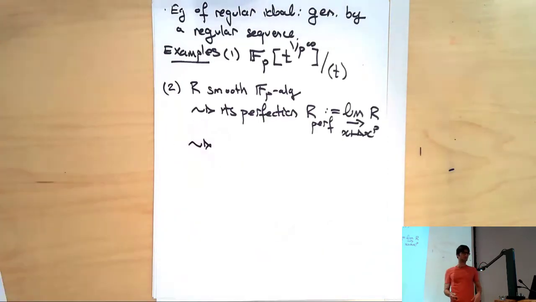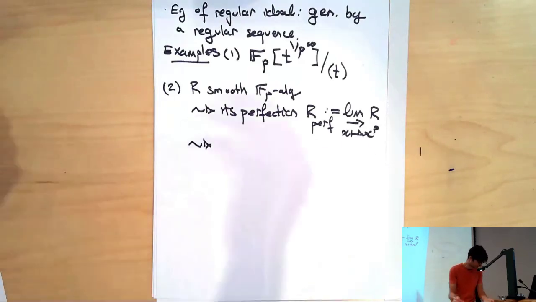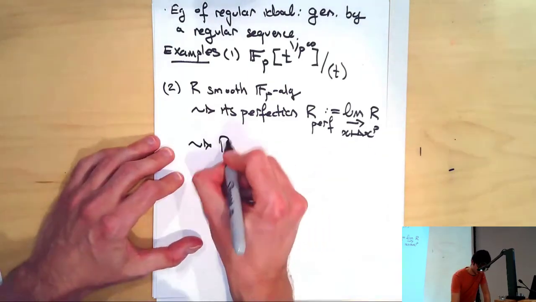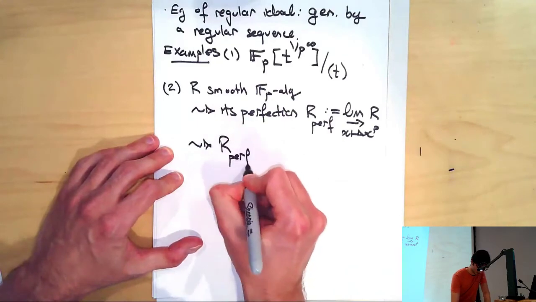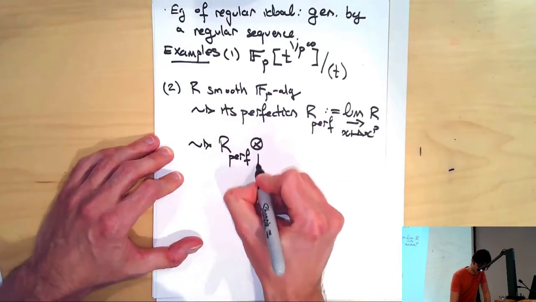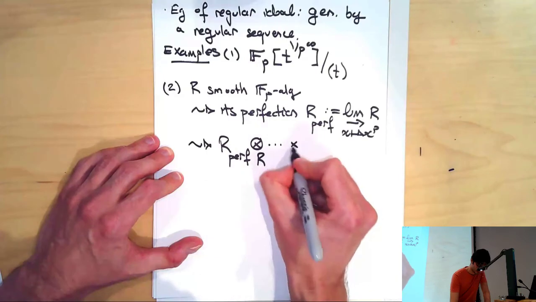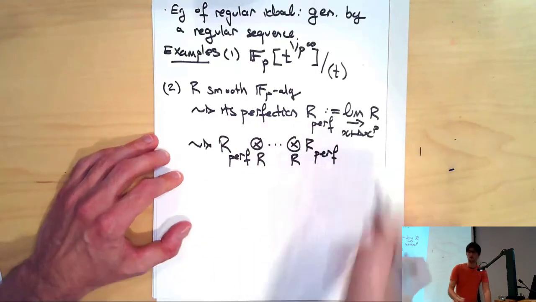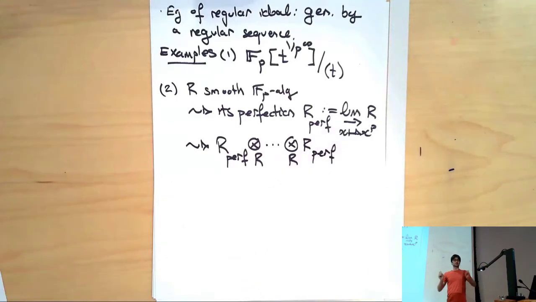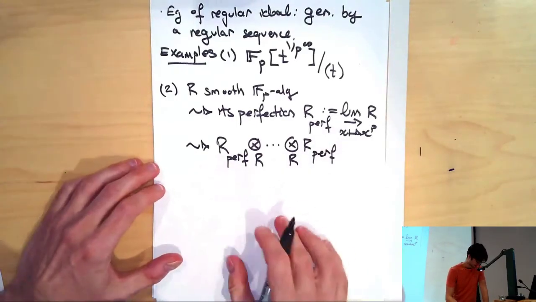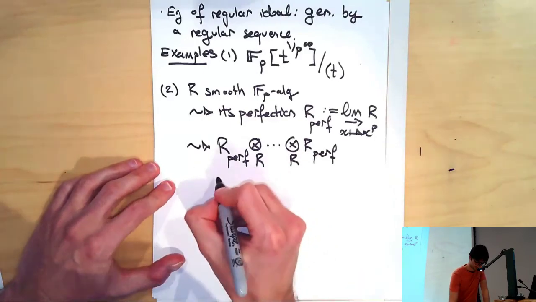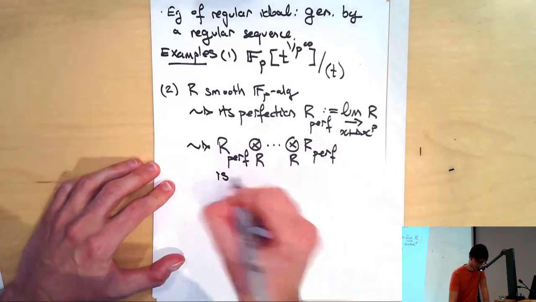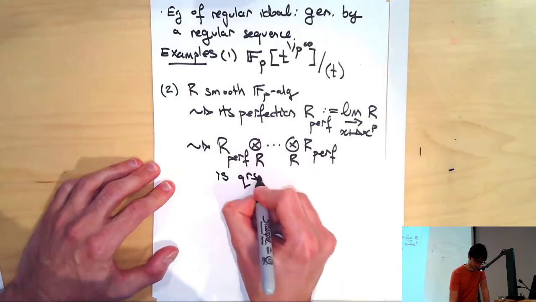And then what sort of terms would we see in the Hochschild complex? Let me form a bunch of tensor products of this perfect R algebra over R. These, I claim, are quasi-regular semi-perfect.